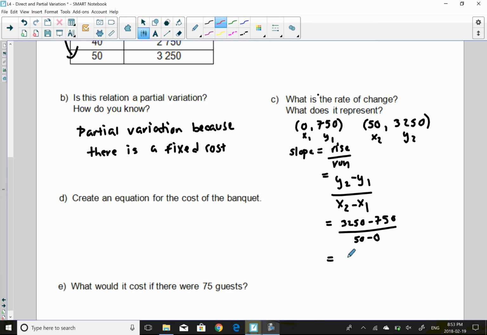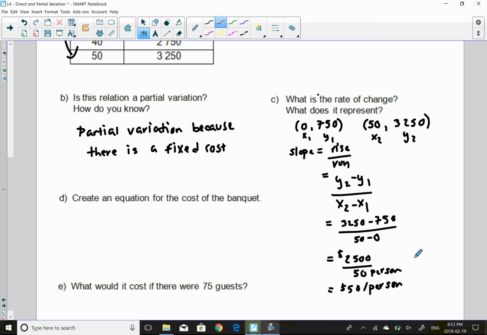Okay, so that's 2,500 divided by 50. That's $50 a person. It helps, you can write the units here so they help you at the end.